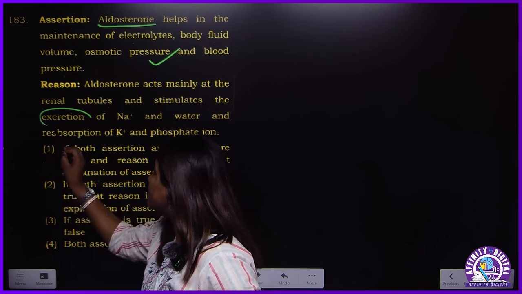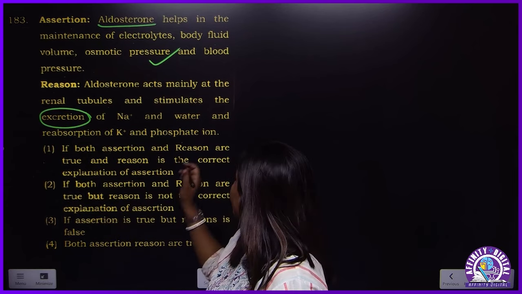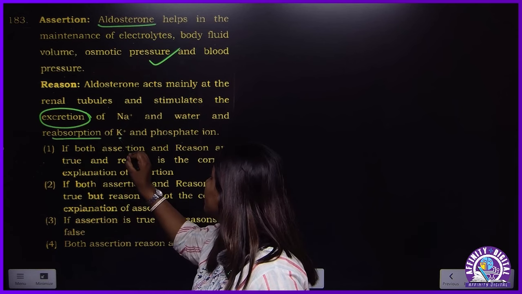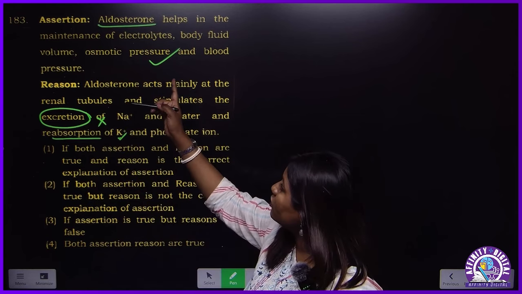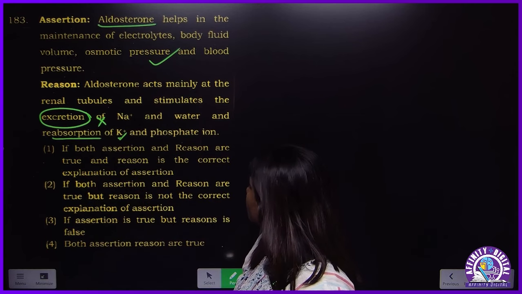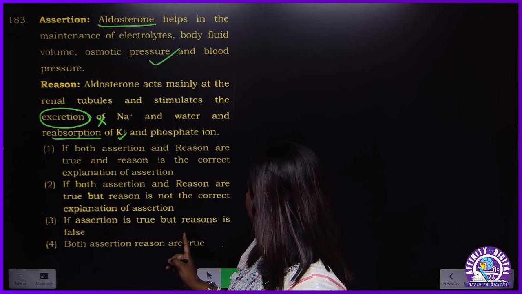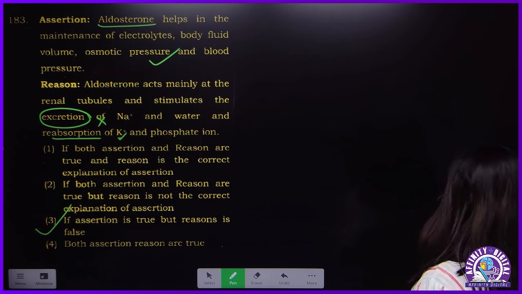No, it doesn't cause excretion. It causes reabsorption of the sodium ion and water and excretion of the potassium ion. ये जो स्टेटमेंट है वो इनकरेक्ट है. स्टेटमेंट 1 is true and reason is false. So we will go with the option 3.